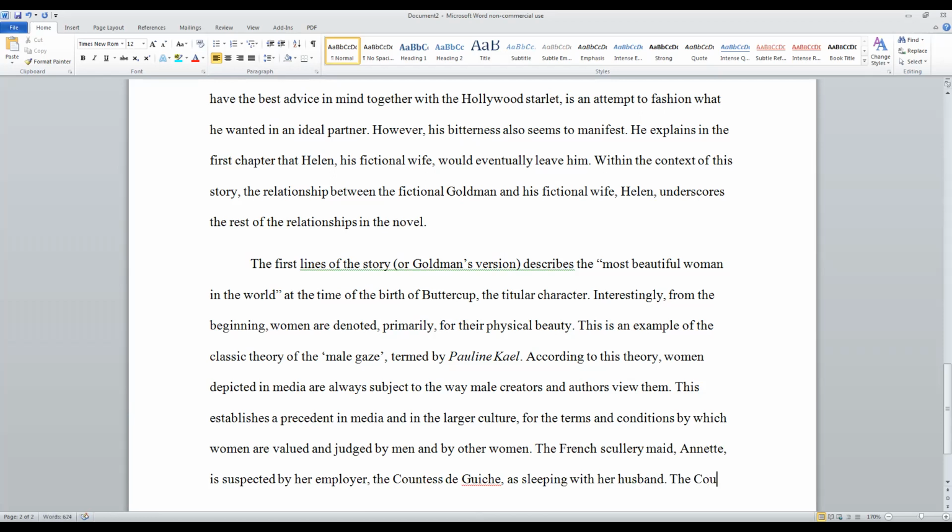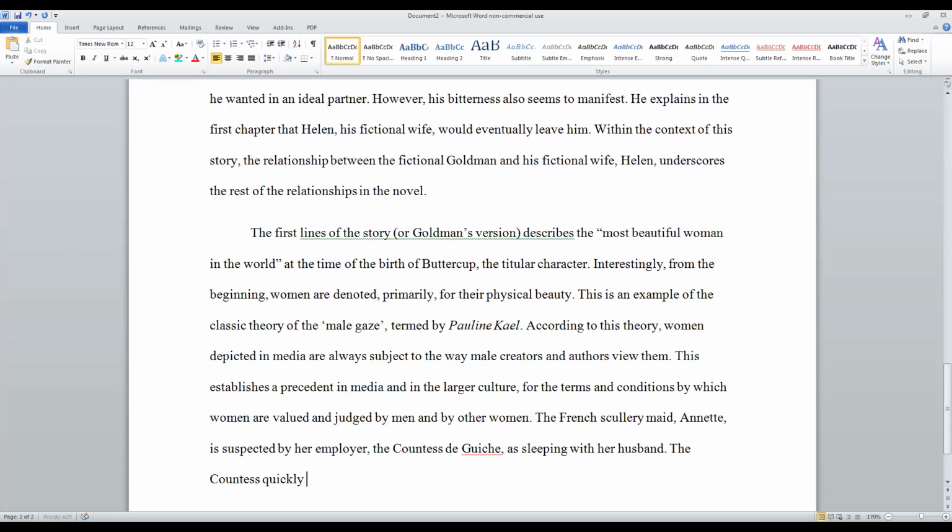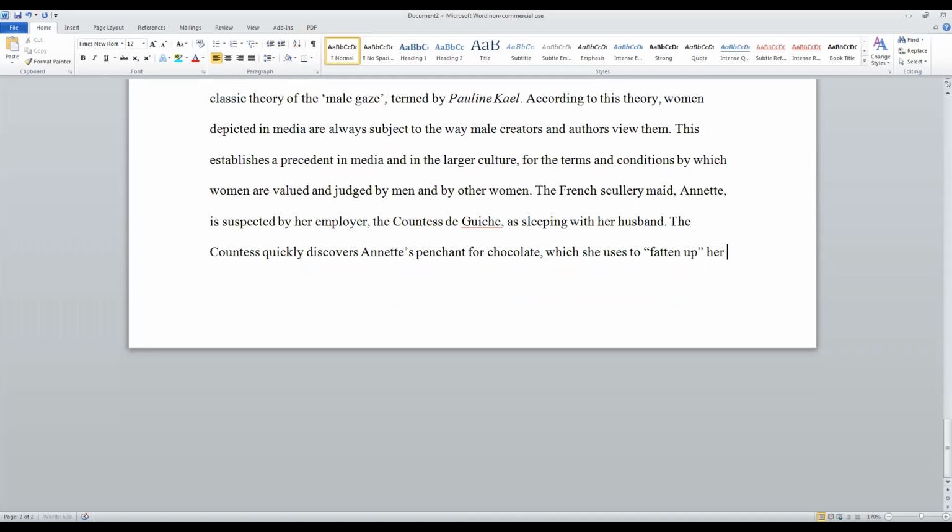The Countess quickly discovers Annette's, A-N-N-E-T-E, Annette's penchant for chocolate, which she uses to fatten up her erstwhile competition.